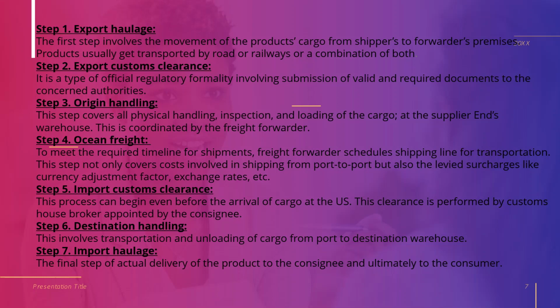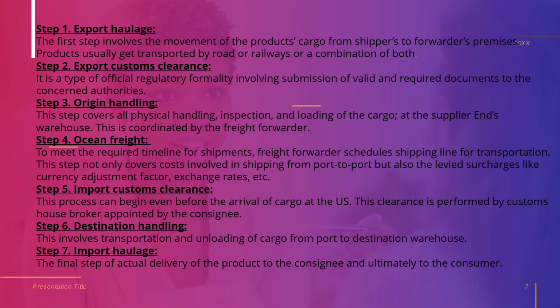Okay. Next up is export customs clearance. It's a process where we are taking the material from another country, right? That's why it's sea freight. So there needs to be some documents for this material: what material is this, what is the weight.